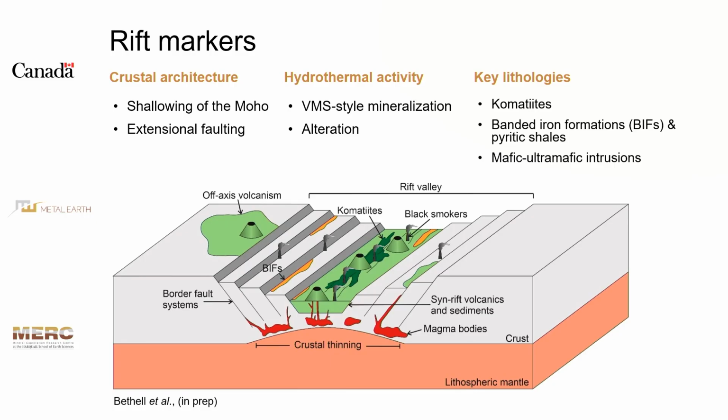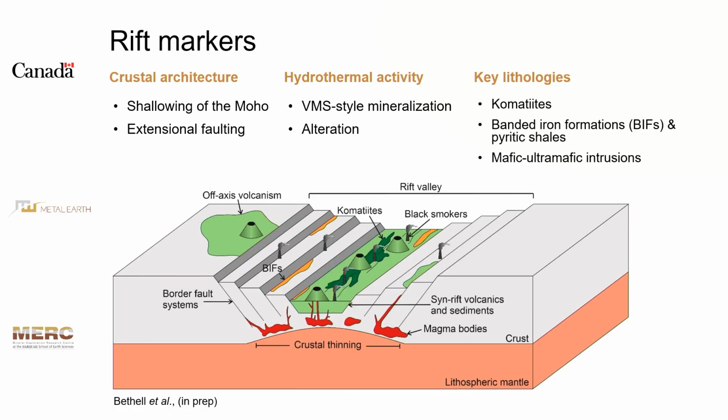This is a basic cartoon of a rift and where various geological parts of a rift system would be. In order to test this geophysical model, we thought about what we know in modern rift systems, and what kind of geological parameters we can look for that are preserved in the Abitibi and would highlight potential locations of rifts.